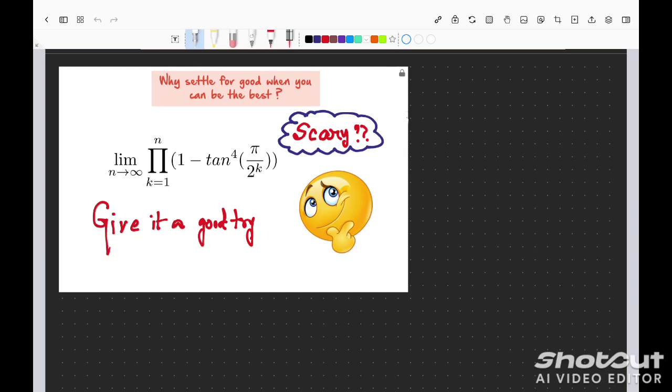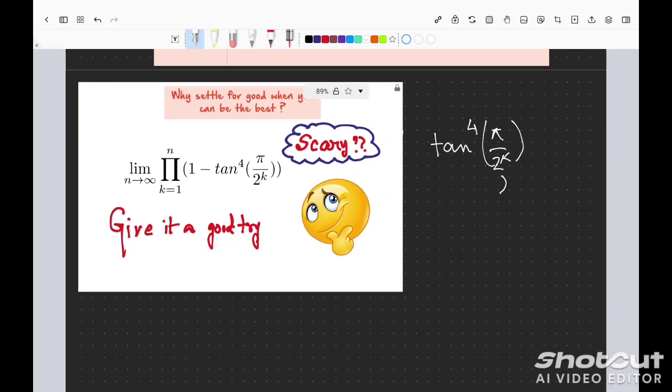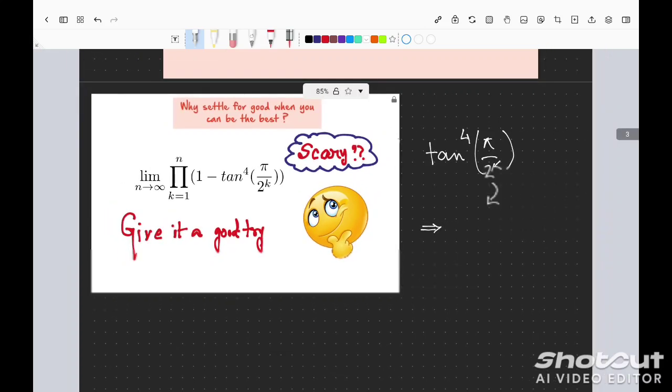Let me just note it down. As you can see in the question, it is given tan to the power 4 of pi by 2 to the power k. So in the question, the argument of tan theta is a decreasing GP.